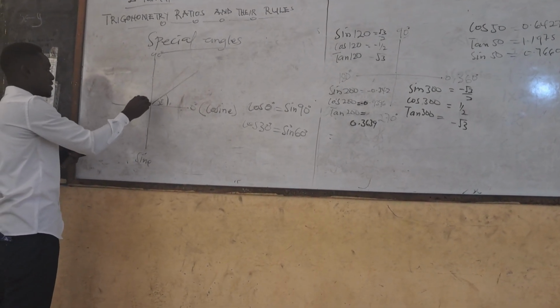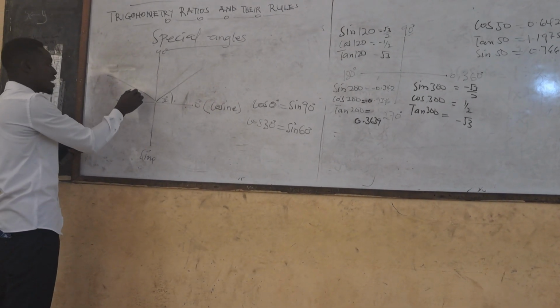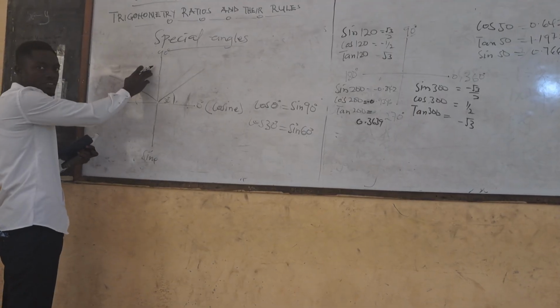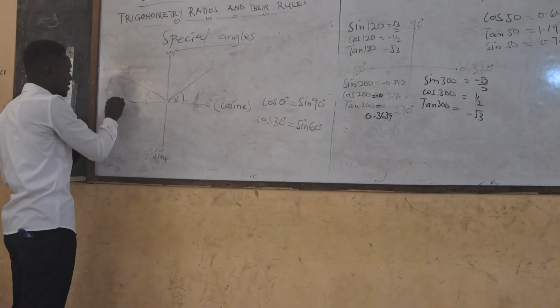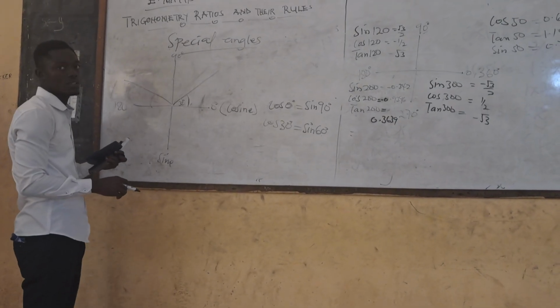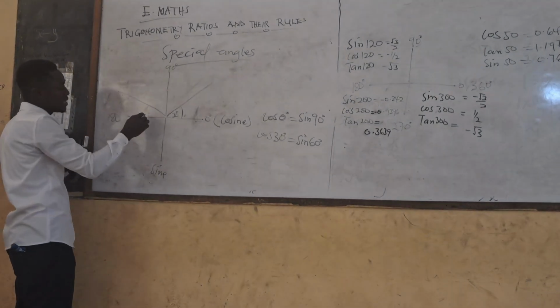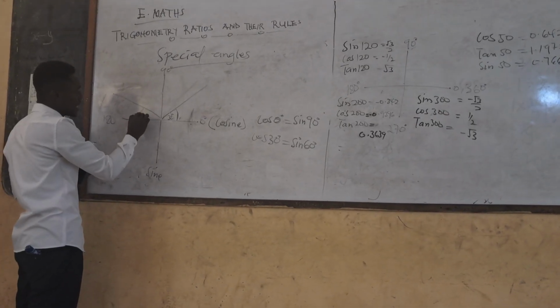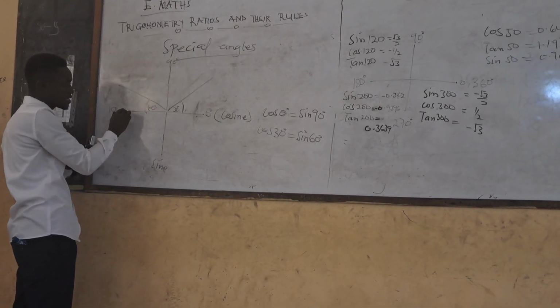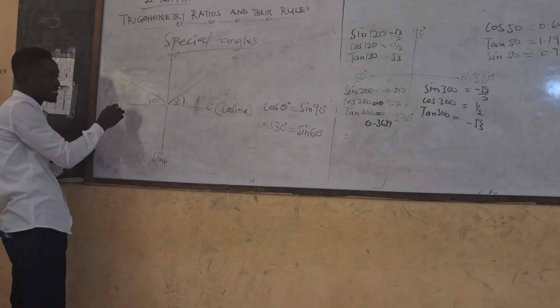To this side, we always take the x-axis value and then this value again. So here we know from here to here is 180 degrees. Then let's assume we measure this side to be 60 degrees on the cos axis.